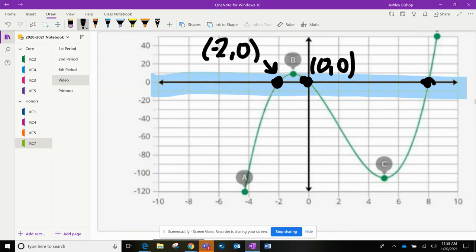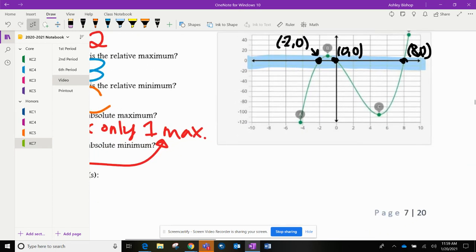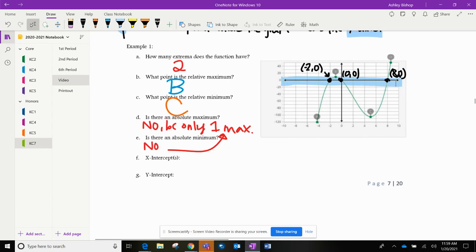And then this point over here, if I line it up, is (8, 0). So let me write those out. I've got (-2, 0), (0, 0), and (8, 0).